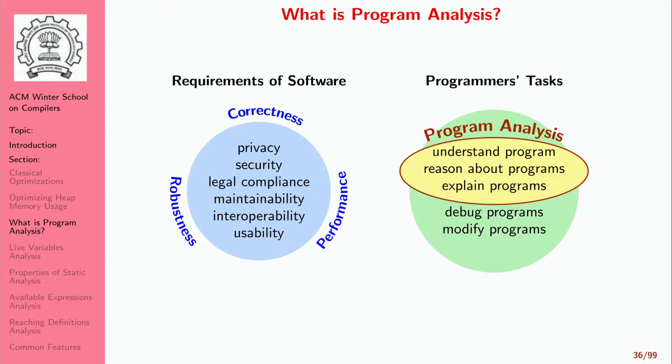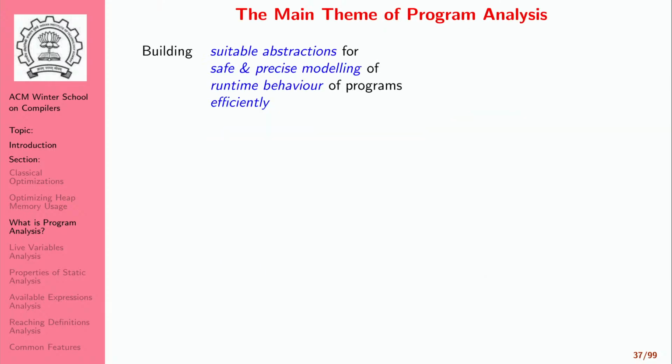Program analysis is a set of techniques that helps programmers discover useful information out of programs. And the main theme of program analysis is, and each and every word here is very important, to build suitable abstractions for safe and precise modeling of runtime behavior of programs efficiently.